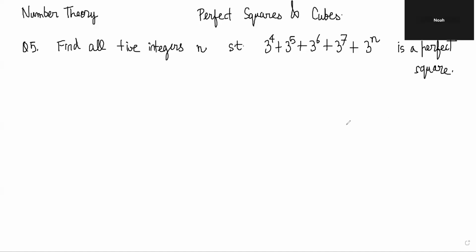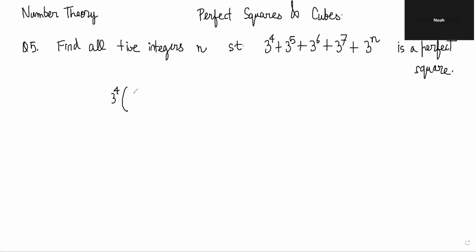Yeah, so I said you take out 3 to the power 4 from the entire thing, and you're left with 3 to the power 4 times 1 plus 3 squared plus 3 cubed plus 3 to the power of n minus 4.